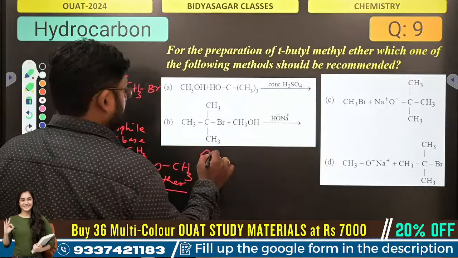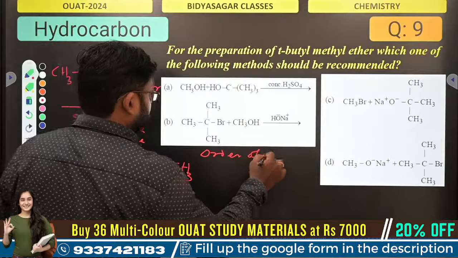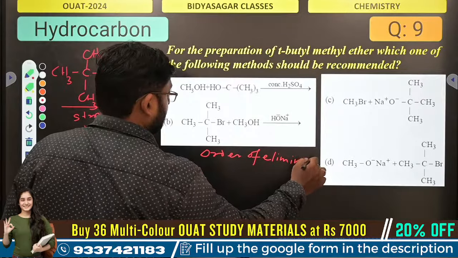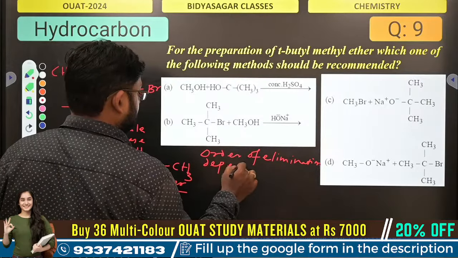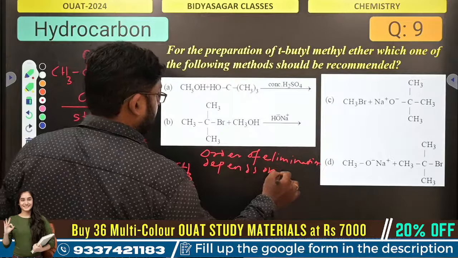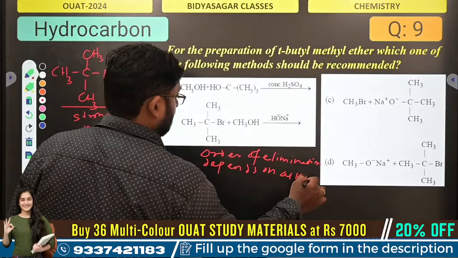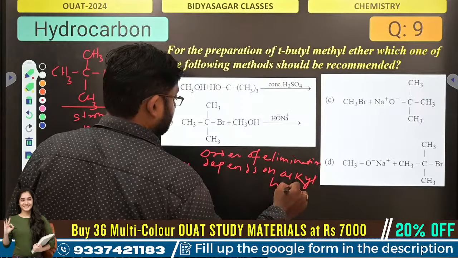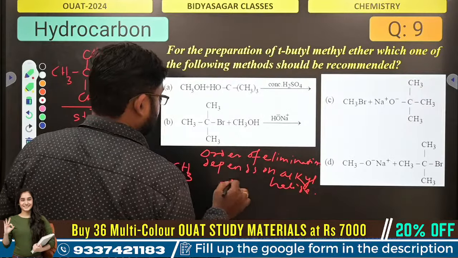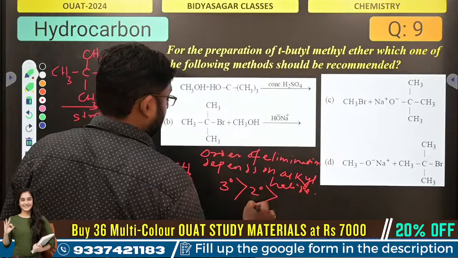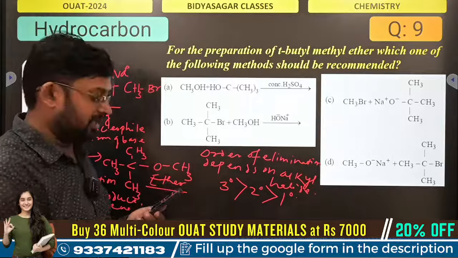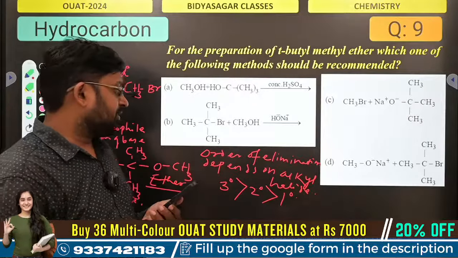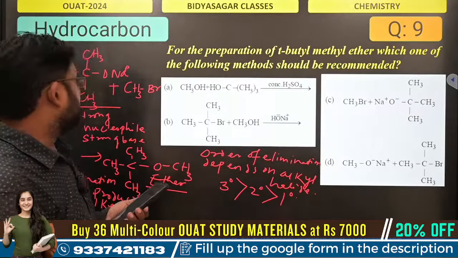But the order of elimination depends on the alkyl halide. A 3 degree alkyl halide is more reactive than 2 degree for elimination reaction, then 2 degree is more reactive than 1 degree. Okay.